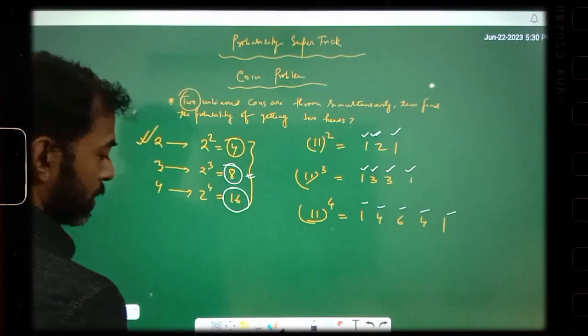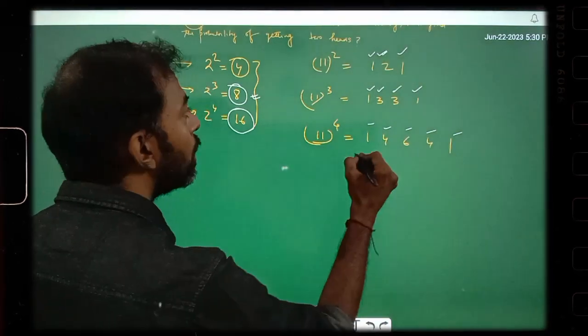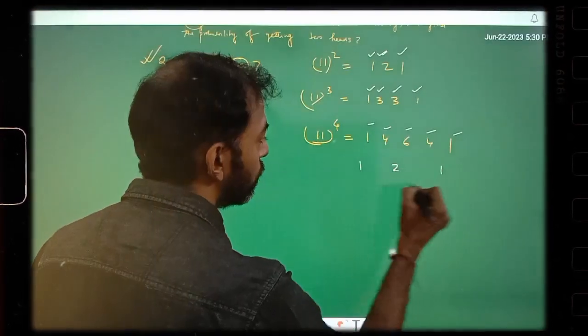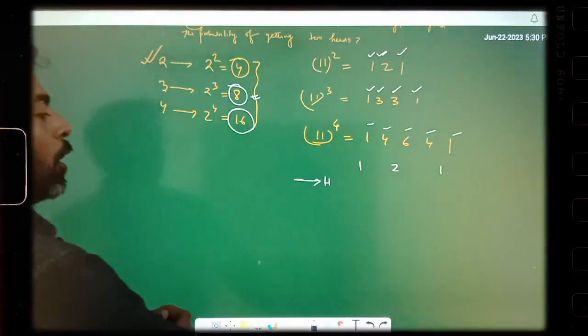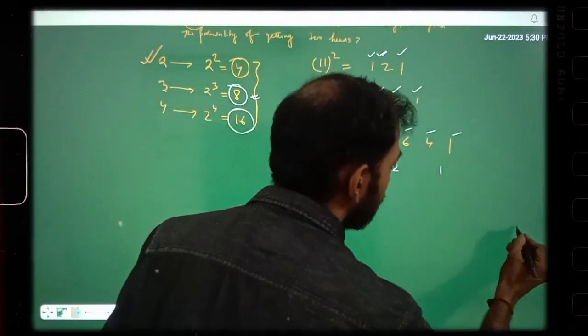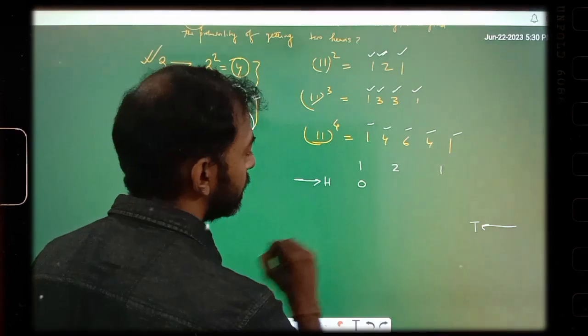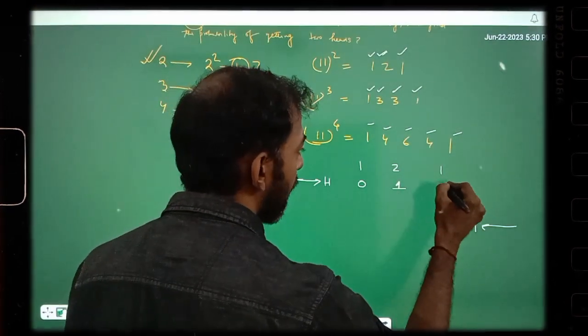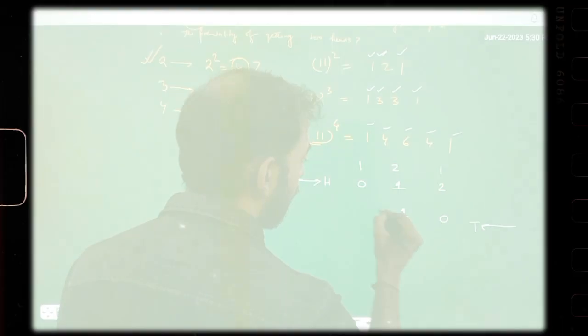Now, just look at this one. We need to calculate our number of heads this way. This is our counting of heads and this is our counting of tails. So the counting of heads is 0, 1 and 2, and the counting of tails will be 0, 1 and 2.